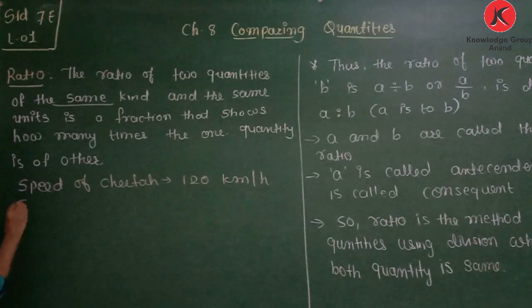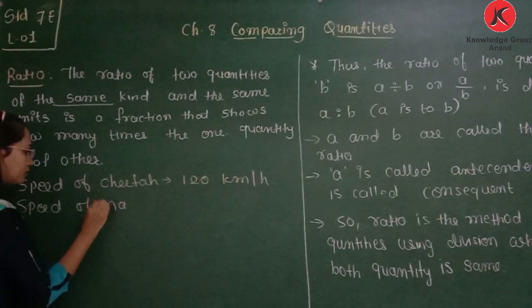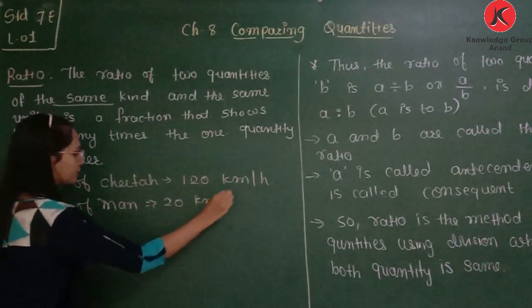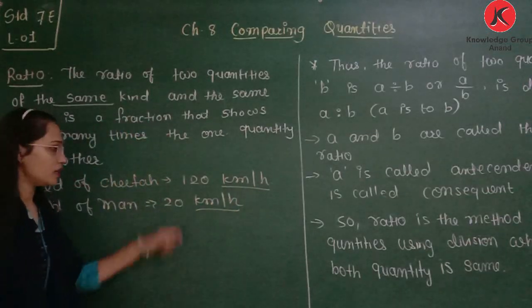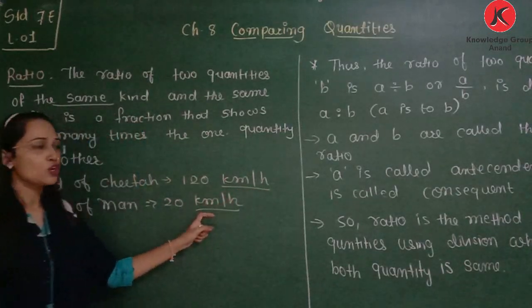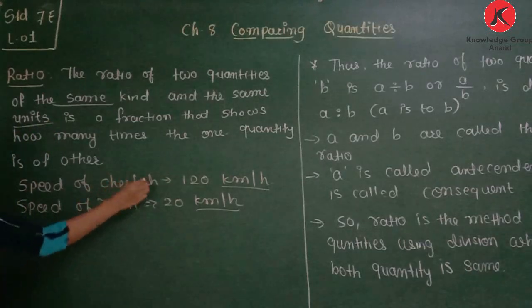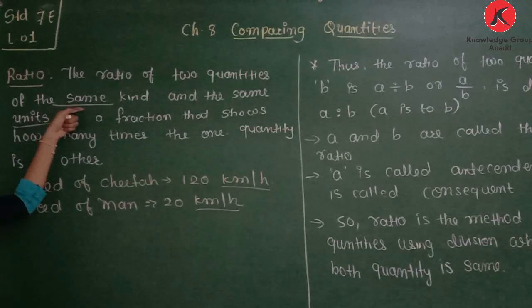And the speed of a man is 20 km per hour. Now you can see that the units are the same. Here the unit is kilometer per hour and here it is also kilometer per hour. So this condition is satisfied, and these are the same kind of quantity.